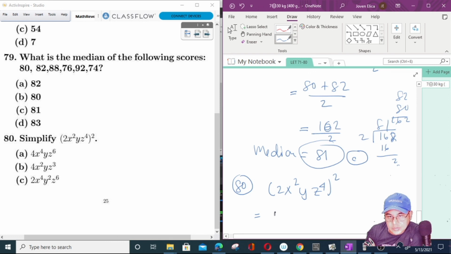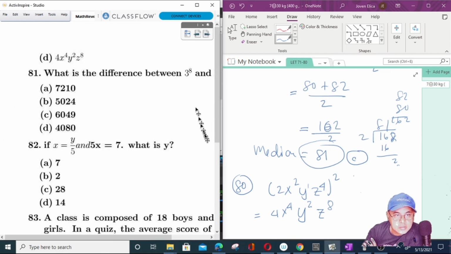So 2 times 2 is 4x to the fourth. 2 times 2 is 4 times y. Y times 1, there is an exponent 1 here, times squared. And z, 4 times 2 is 8. The answer is letter D.